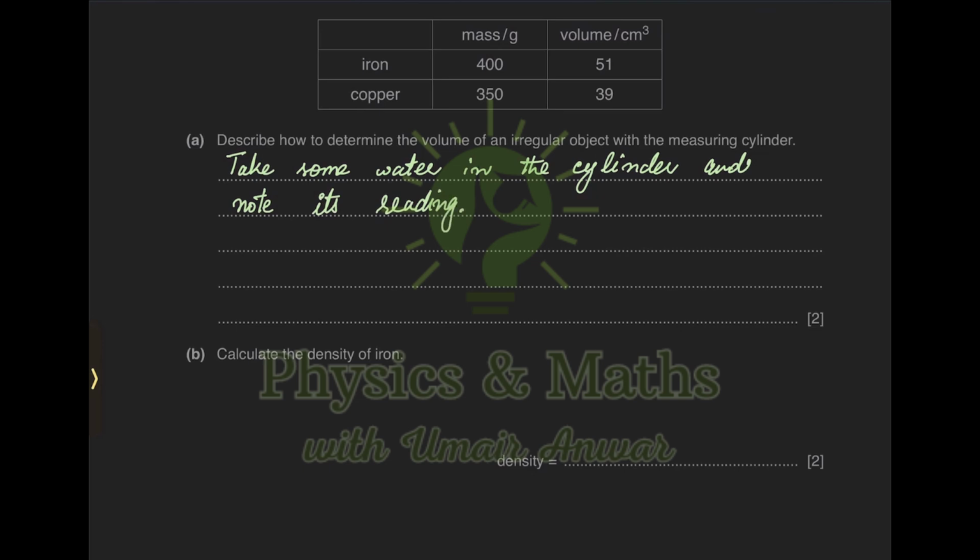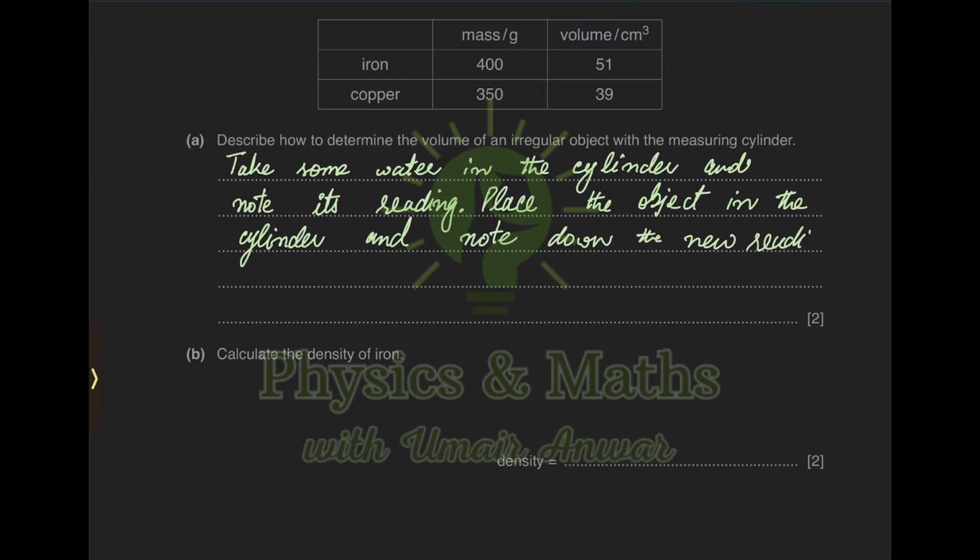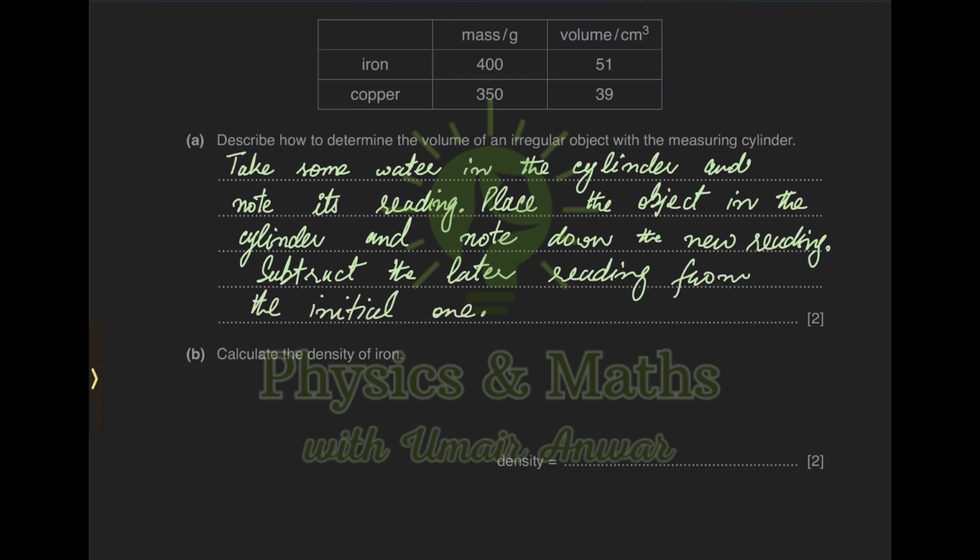The second point is place the object in the cylinder and note down the new reading. Subtract the later reading from the initial one. So we will get the volume of the irregularly shaped object.